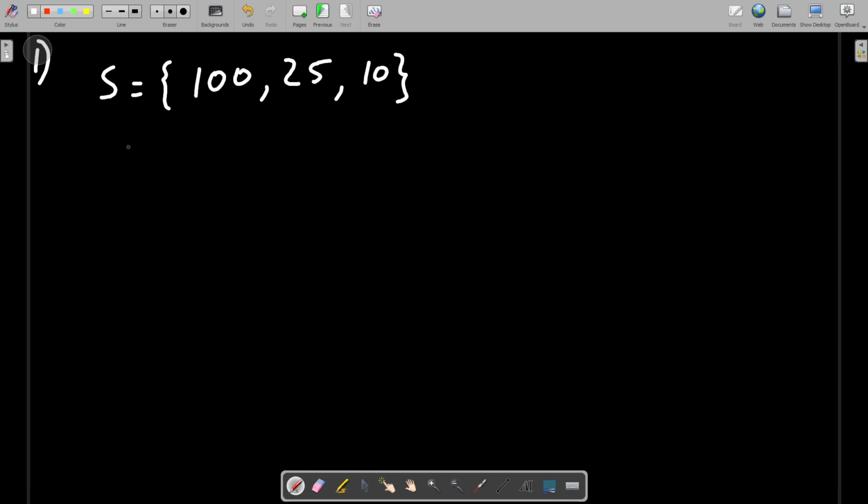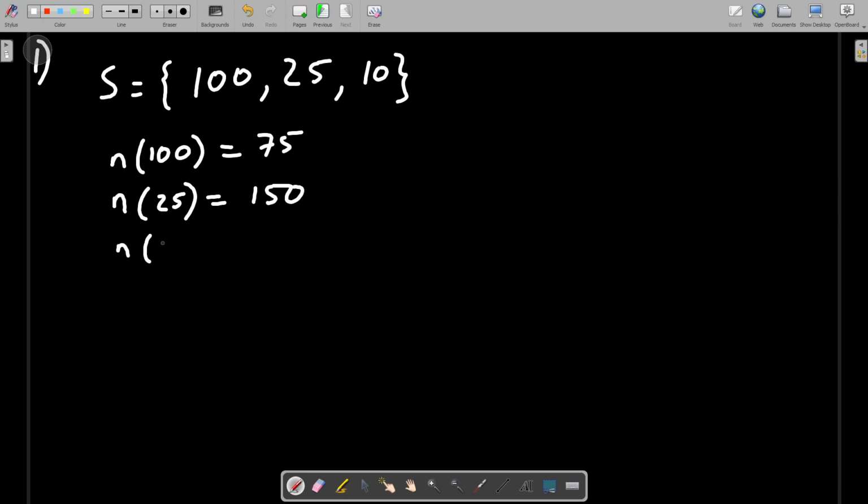Okay, so how many envelopes have $100 in them? So 75 envelopes have $100 in them. How many envelopes have $25? And how many have $10? 75. Okay.